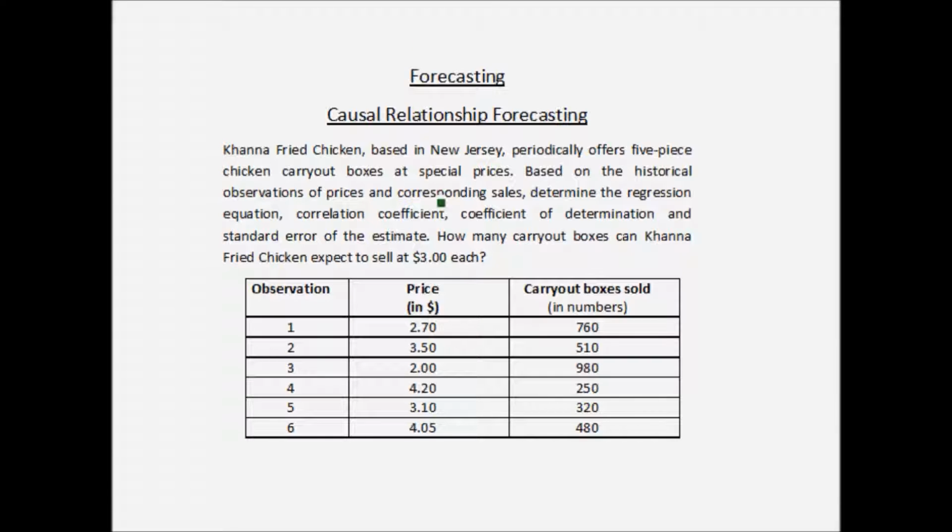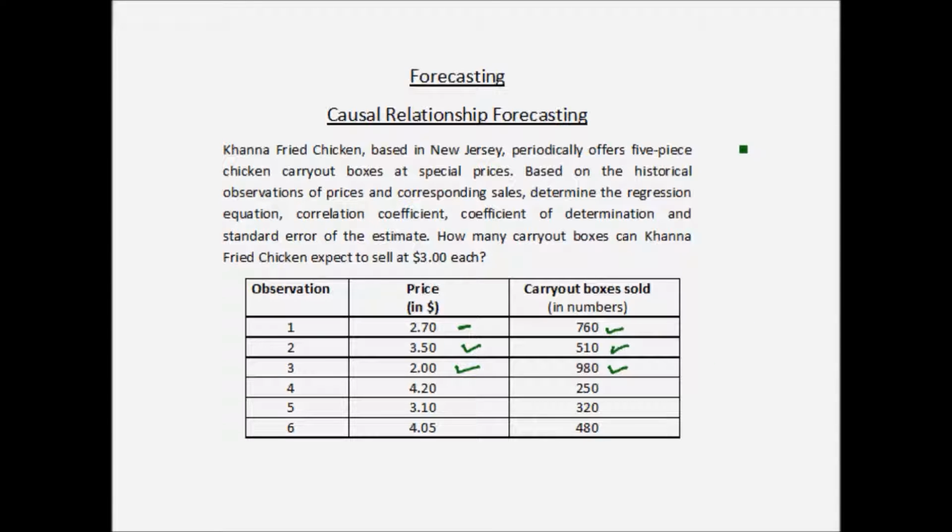For example, as shown in this table, at $2.7, the number of carry-out boxes sold is 760. When the price increases to 3.5, the number of boxes sold reduces to 510. However, when the price reduces to $2, the number of boxes sold increases to 980.